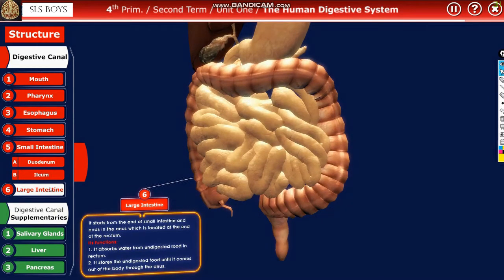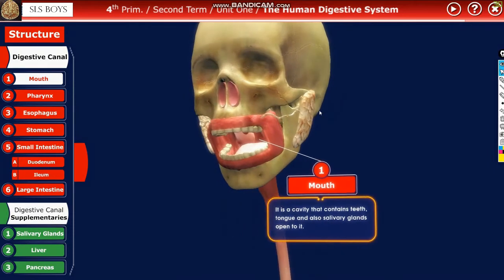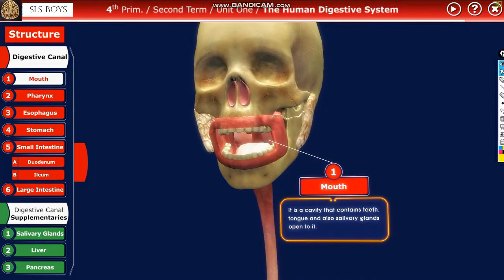So let's break down each part in the digestive canal, then we are going to talk about the digestive canal supplementaries. First, we have the mouth. It is a cavity that contains teeth, tongue, and also salivary glands open to it.